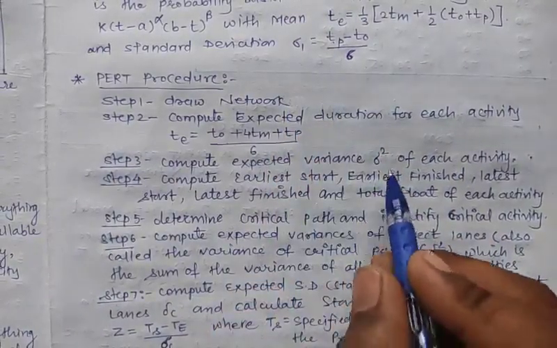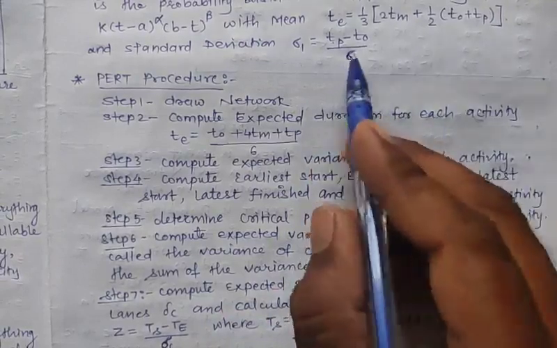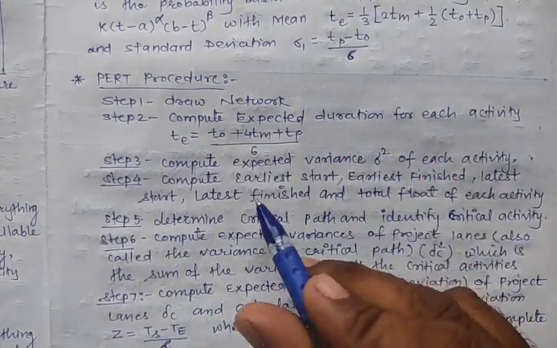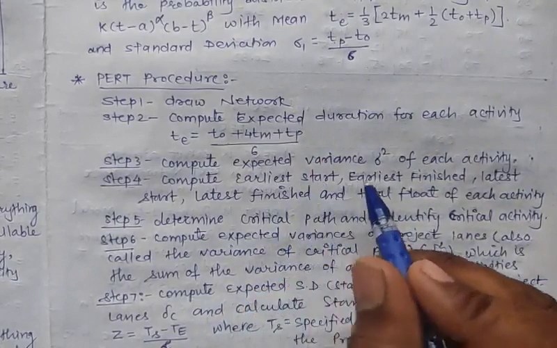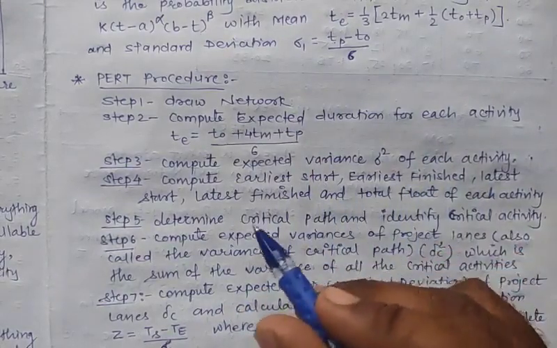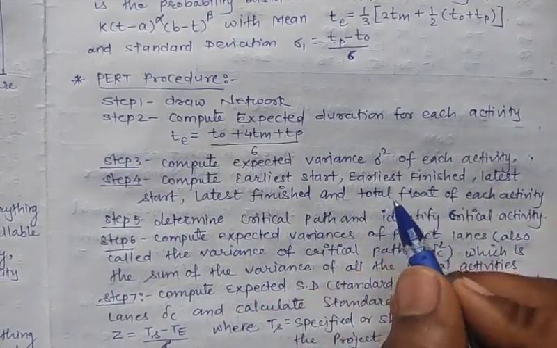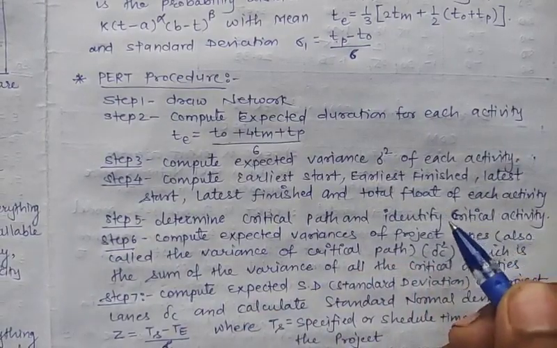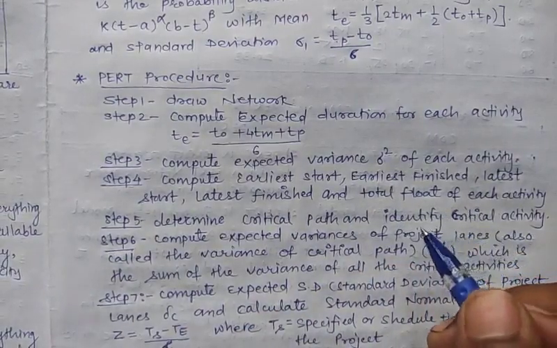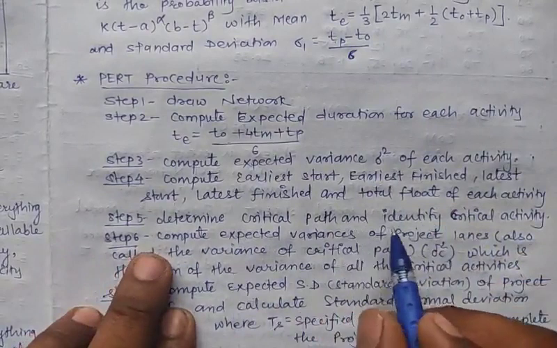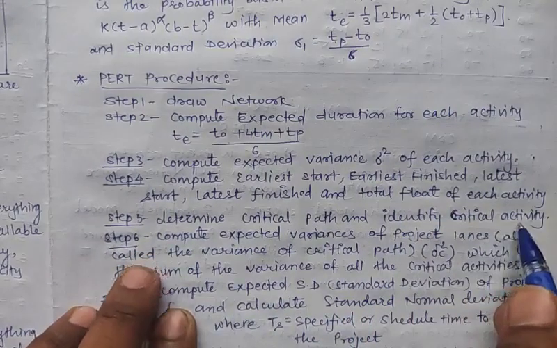Now calculate sigma square of each activity using this formula. Next is to compute the earliest start, earliest finish, latest start, latest finish, and total float of each activity. The fifth step is to determine the critical path and identify the critical activities.